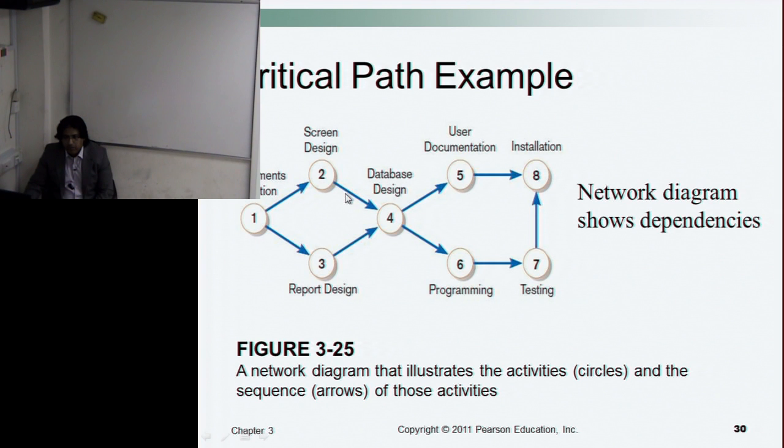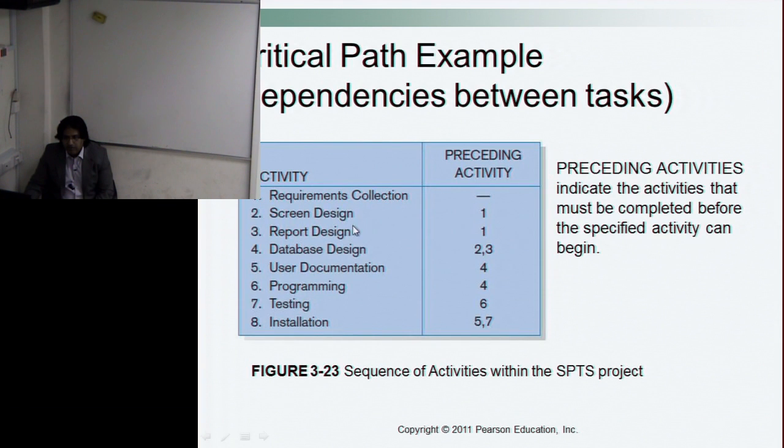So here we can see that we have drawn the network diagram, and activity 2 and 3, you see there that the preceding activity for 2 and 3 is activity 1, and this was specified in the chart, in the table.